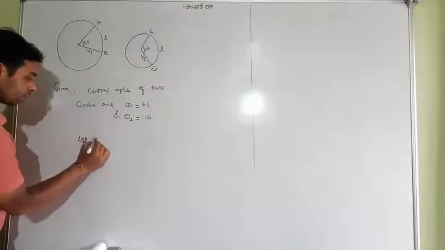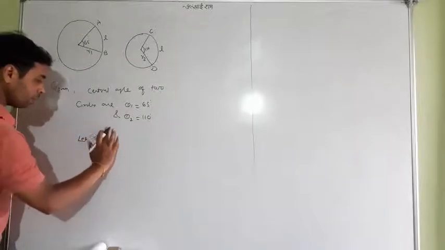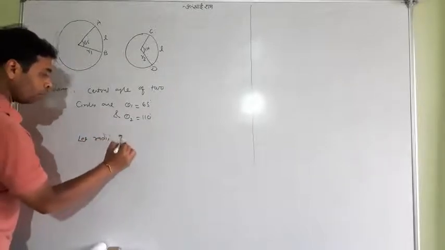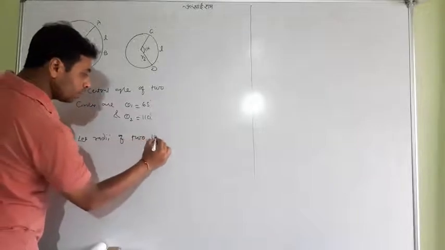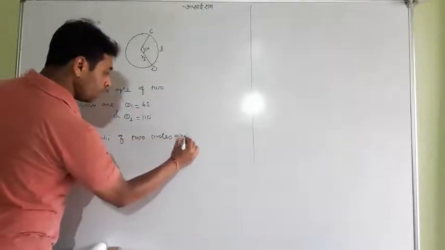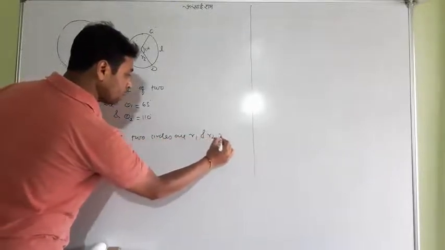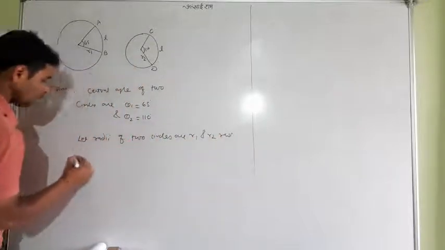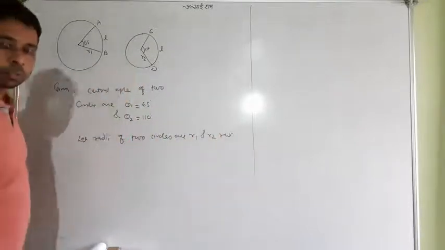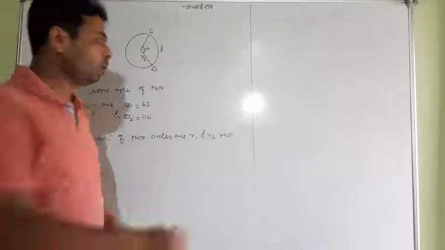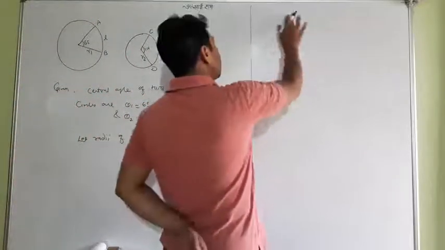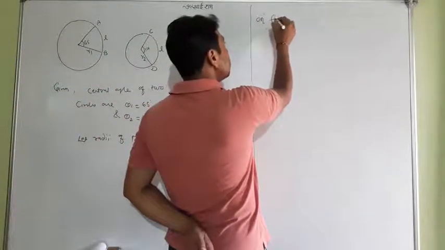Let the radii of the two circles be R1 and R2 respectively. We want to find R1 is to R2, which the question asks. Now again, the same way, I'll go on with the first circle.